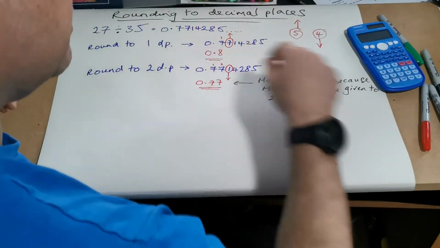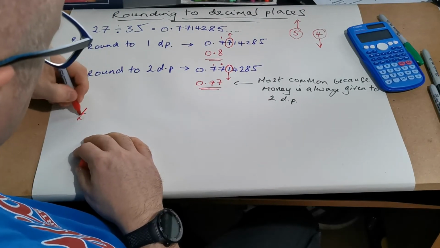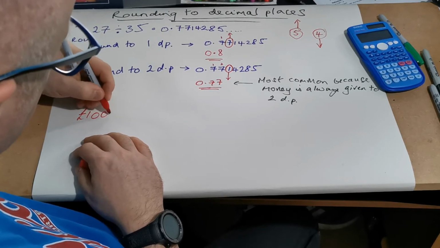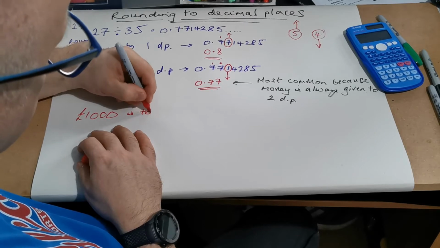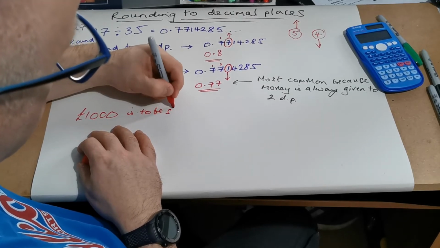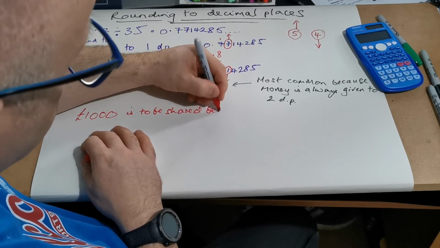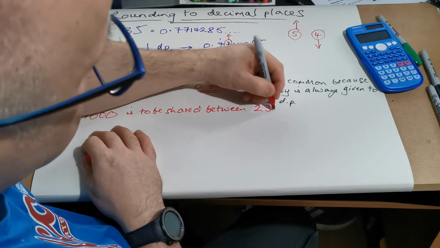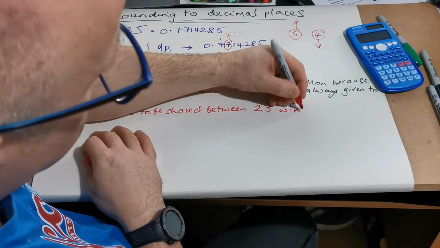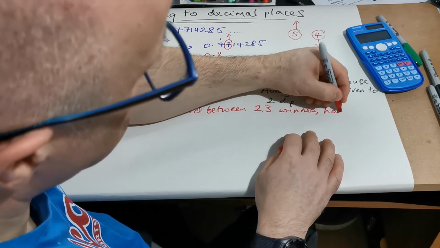So if I said £1,000 on the lottery is to be shared between 23 winners, how much do they get each?